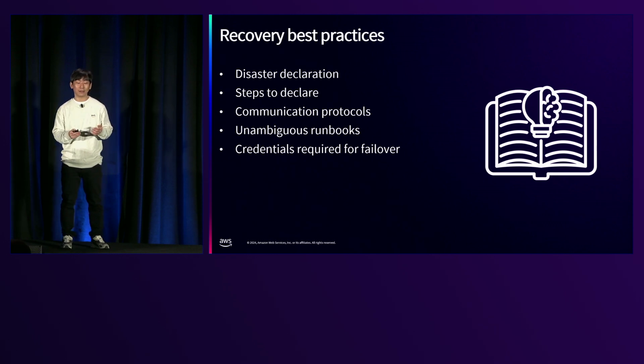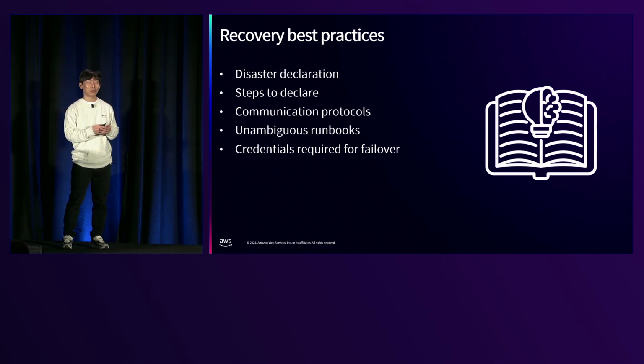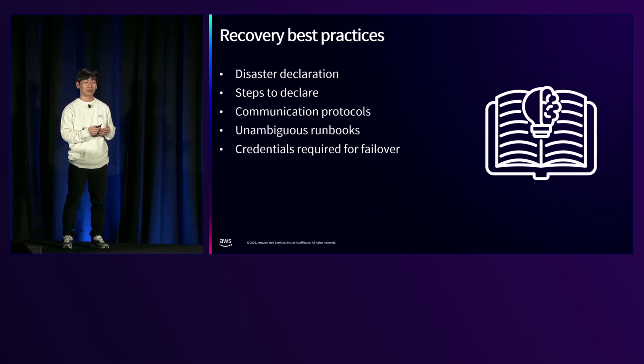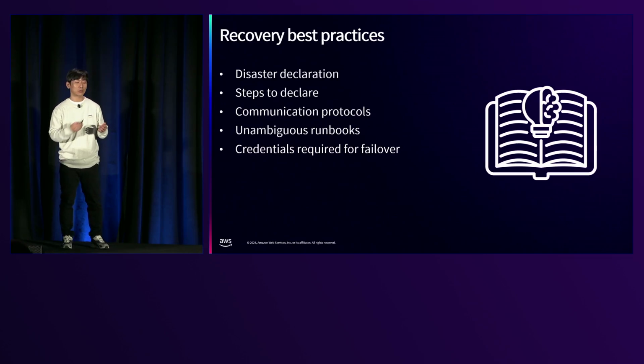This eliminates the reliance on tribal knowledge and ensures that your disaster recovery process is repeatable and consistent. Each step in the runbook should specify what scripts to run, how to run them, the expected outcome before moving to the next step, and who is responsible for each action.